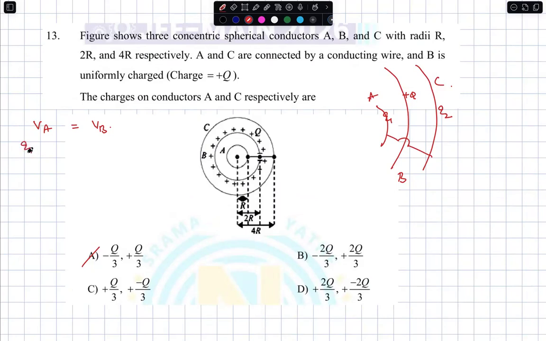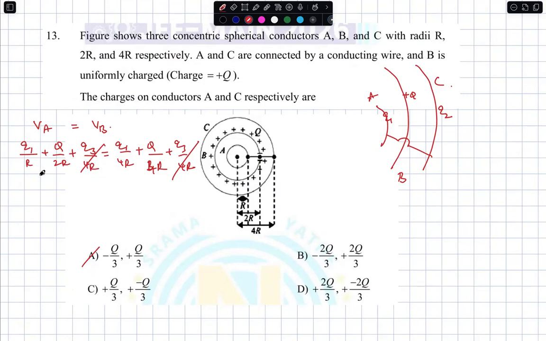This will become Q1, K anyway common, Q1 by R plus Q by 2R plus Q3 by 4R is equal to Q1 by 4R plus Q by 4R plus Q3 by 4R. Of course, K common on both the sides.